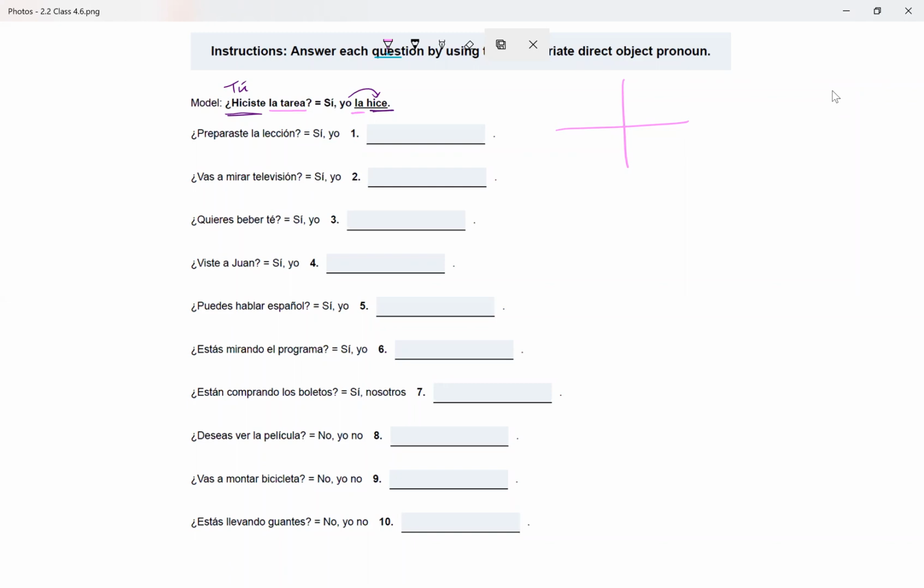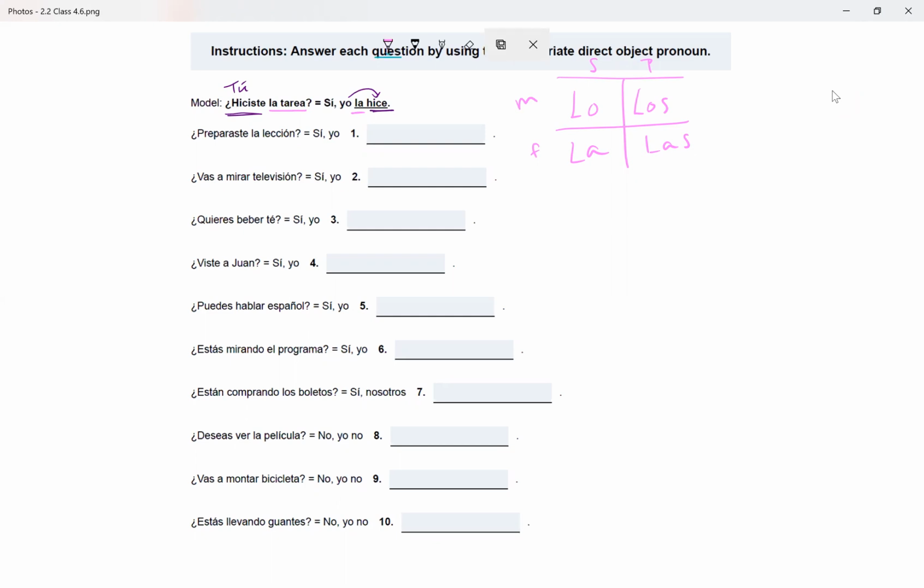What direct object pronouns have we been using? The four main ones. Lo, la, los, las. Yep, exactly. So lo, la, los, and las. And here we have our singular, our plural, our masculine, and our feminine.